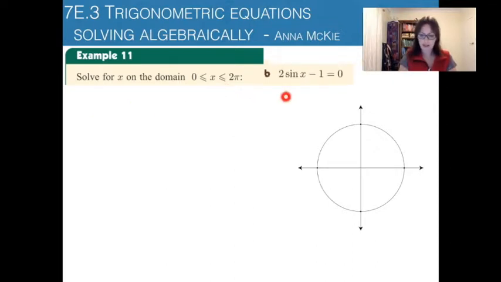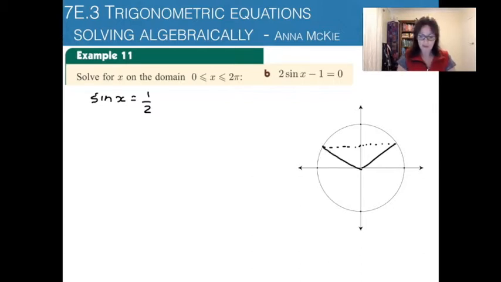Here, what if we are solving for this? Basically, you need to move all the numbers to the right-hand side to know what you're dealing with. So you would add 1 and divide by 2, and you're solving for when sine x is equal to a half. When is sine of x equal to a half? Sine is the vertical, so when sine is a half, we've got the two options that line up, here and here, positive a half.